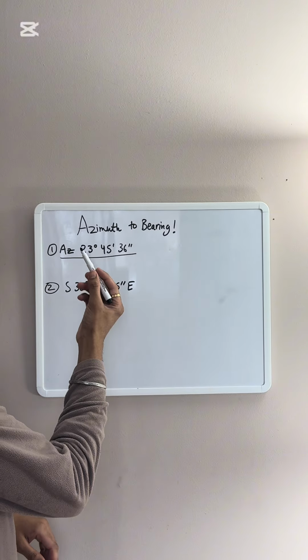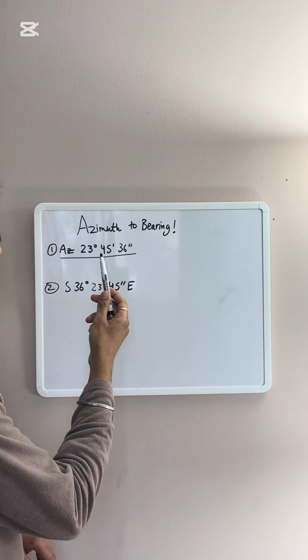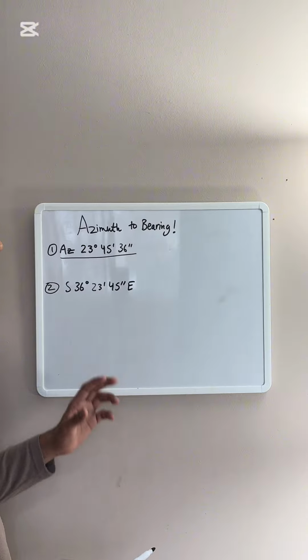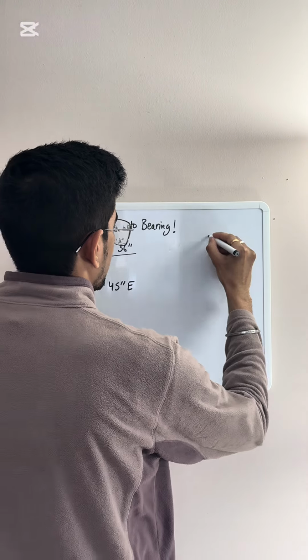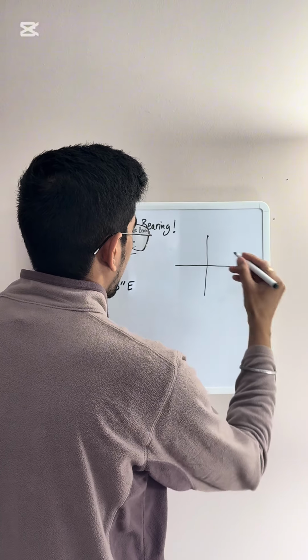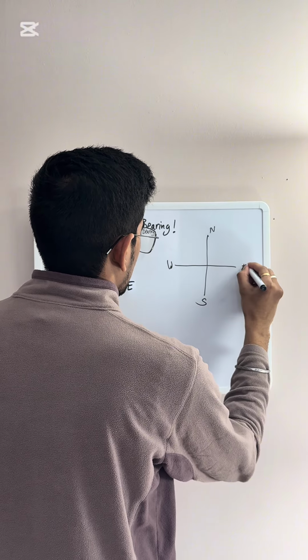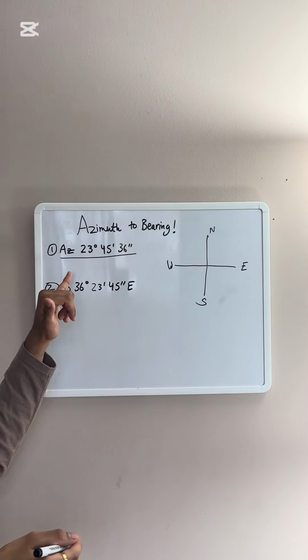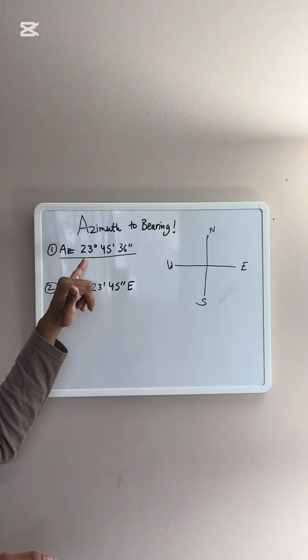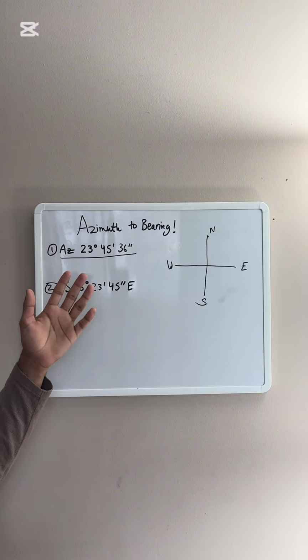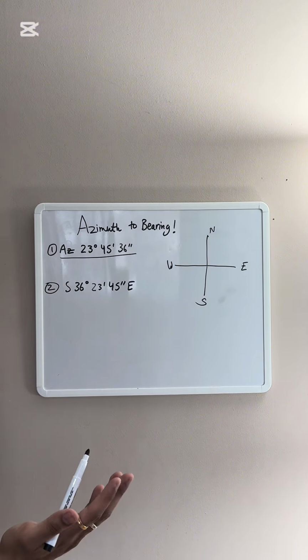First question, we have 23 degrees, 45 minutes, 33 seconds. First we will make a rough diagram of a quadrant. This is north, south, west, east. Okay, we will just make a rough line, and this is just to make sure we are doing it correctly.